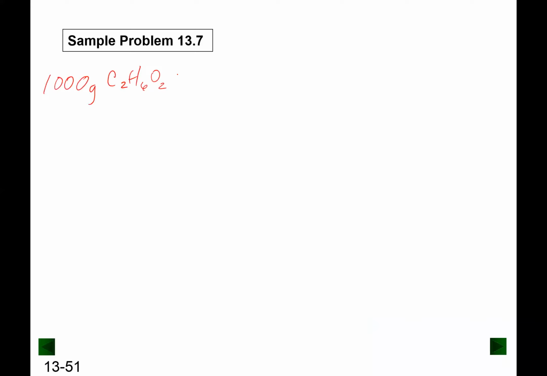So we're going to multiply by 1 mole is equivalent to 62.07 grams of our ethylene glycol. And I'm sorry, that's 62.07. And if we carry out the calculation, we're going to get 16.1 moles of our ethylene glycol.